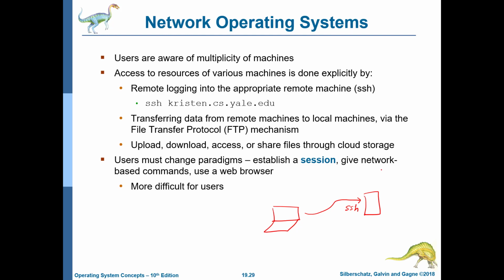For example, I can access Microsoft SkyDrive or Google Drive. In that case, I am using them as file servers for me. These are all avatars of network operating systems. Of course, nowadays with the cloud and so on, many of these definitions have blurred.